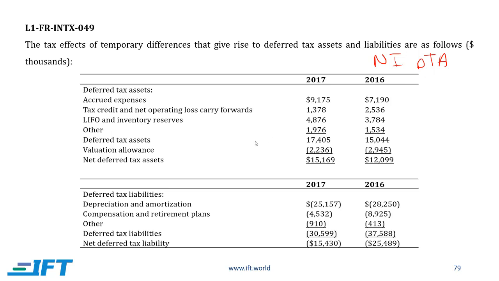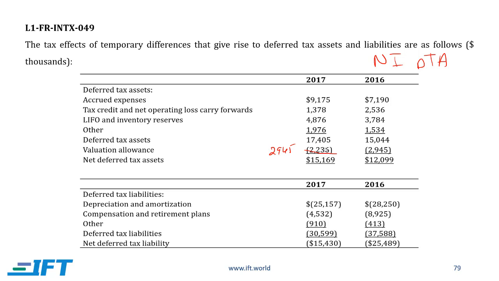If your valuation allowance in 2017 is the same as it was in 2016, then instead of 2236, it is 2945. So it is more than 2236. Now your valuation allowance has gone down.